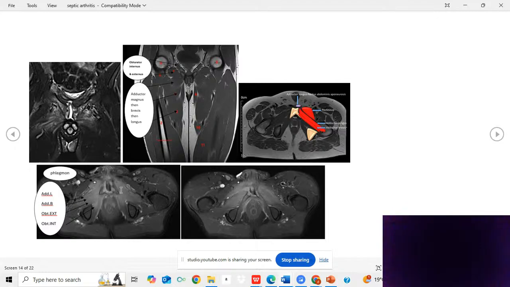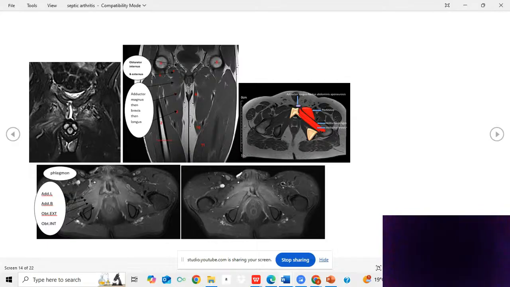All of these muscles on both sides show post-contrast enhancement and abnormal high STIR signal, along with enhancing soft tissue extension on the right side, indicating phlegmon.